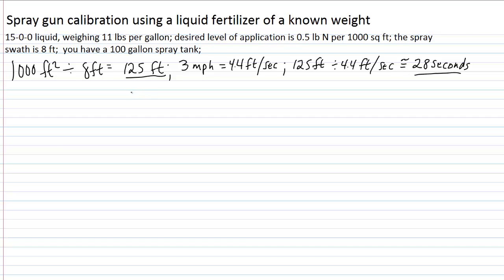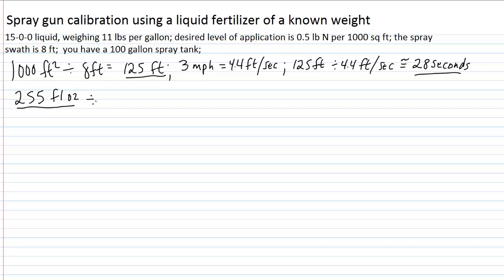For this example, I've just selected a sprayer output that is 255 fluid ounces, and that is a realistic number that would be collected. 255 fluid ounces has been collected, and that's per 1,000 square feet.